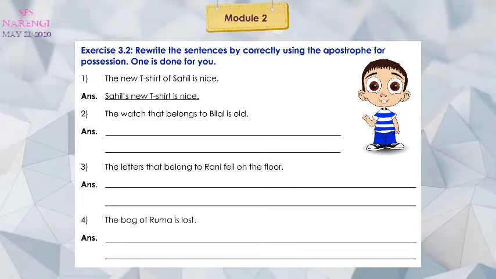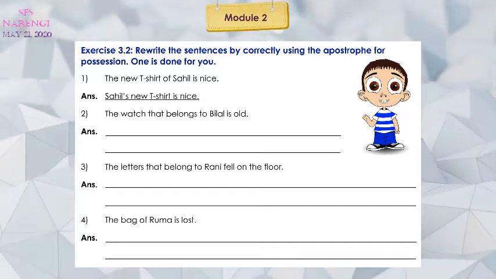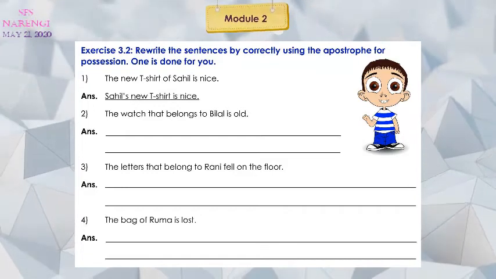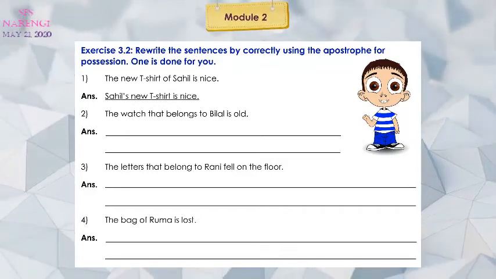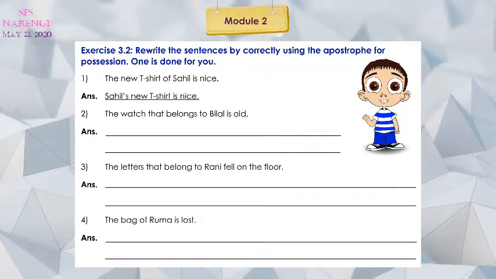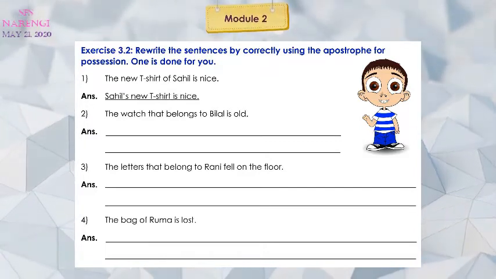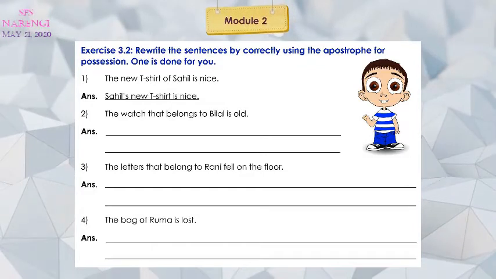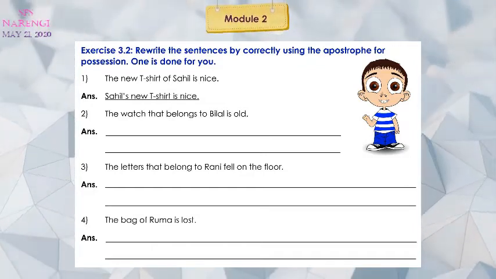Have you seen in here how it's written? Sahil's means Sahil apostrophe S. New t-shirt is nice. As we are showing a belonging of Sahil, in there we are giving an apostrophe with Sahil's name, right? Like Sahil's new t-shirt.